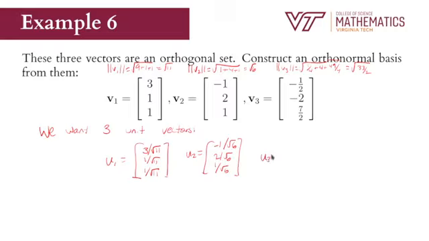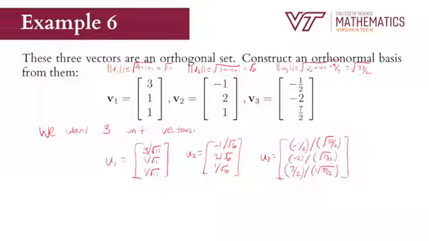And so our third unit vector is negative 1/2 divided by the square root of 33 halves, and negative 2 divided by the square root of 33 halves, and 7 halves divided by the square root of 33 halves. And you can simplify these fractions a little bit if you want to, but it's not necessary. It's just to turn this into a unit vector.